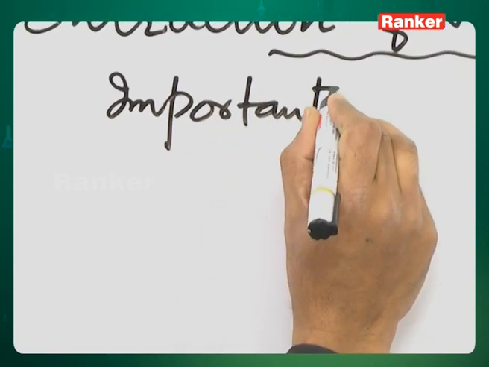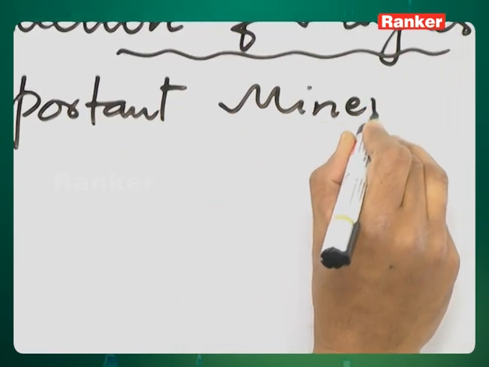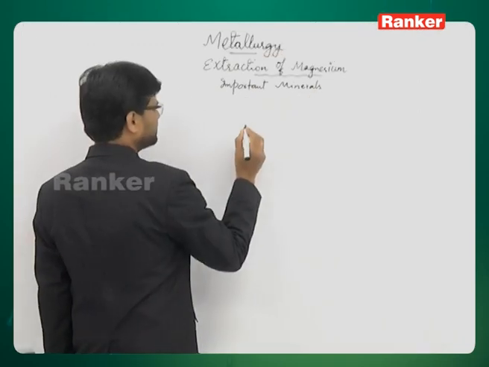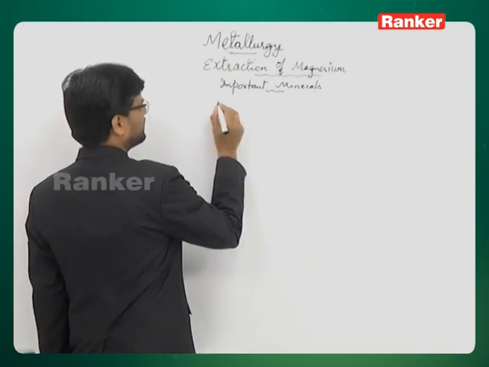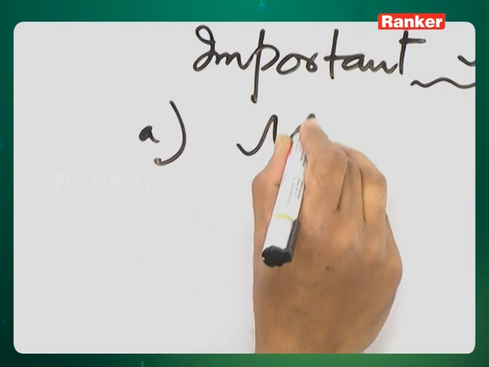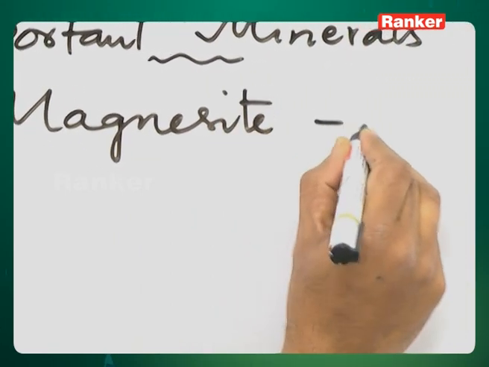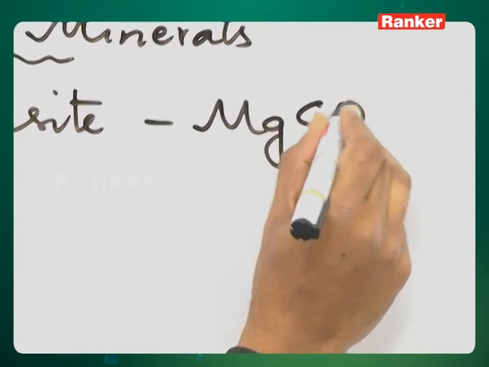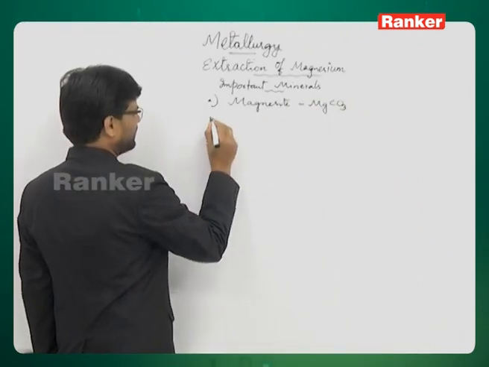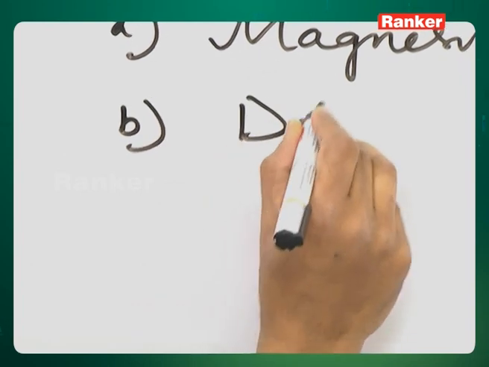Important sources or important minerals of magnesium. A, you have magnesite. Magnesite is MgCO3.